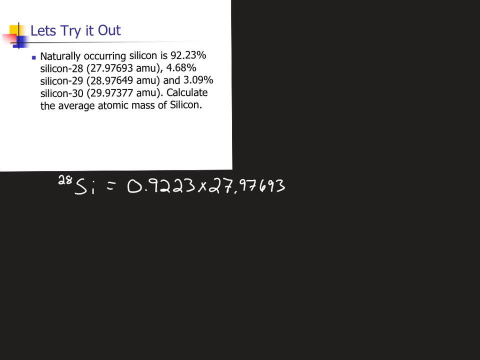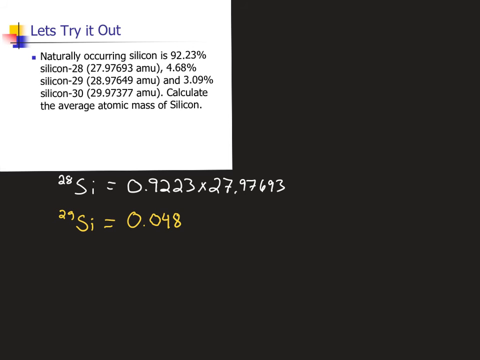Let's do silicon-29, and here's a big one that I see a lot of students making mistakes on: not putting that 0 in front of the 4, instead of just putting it as 4.468. But that would mean that it was 446%.